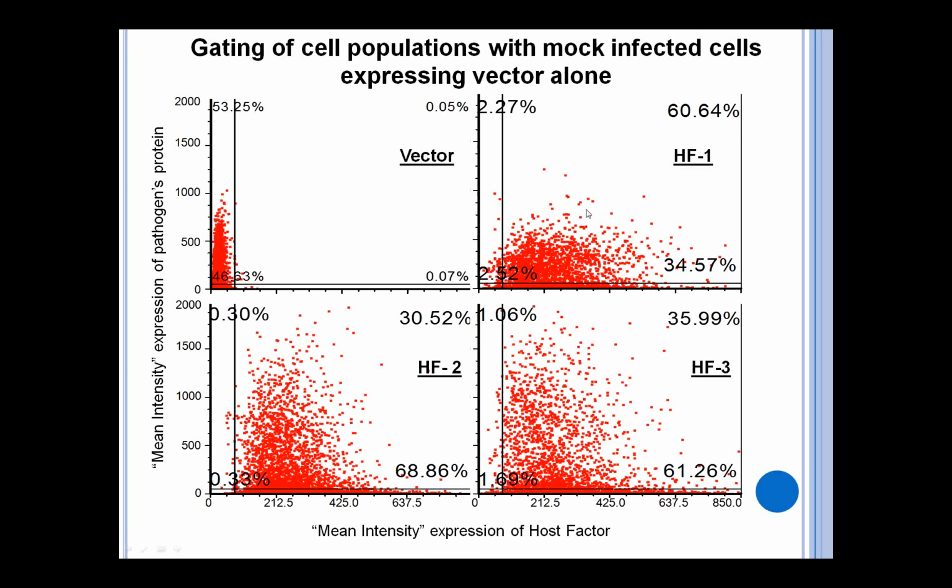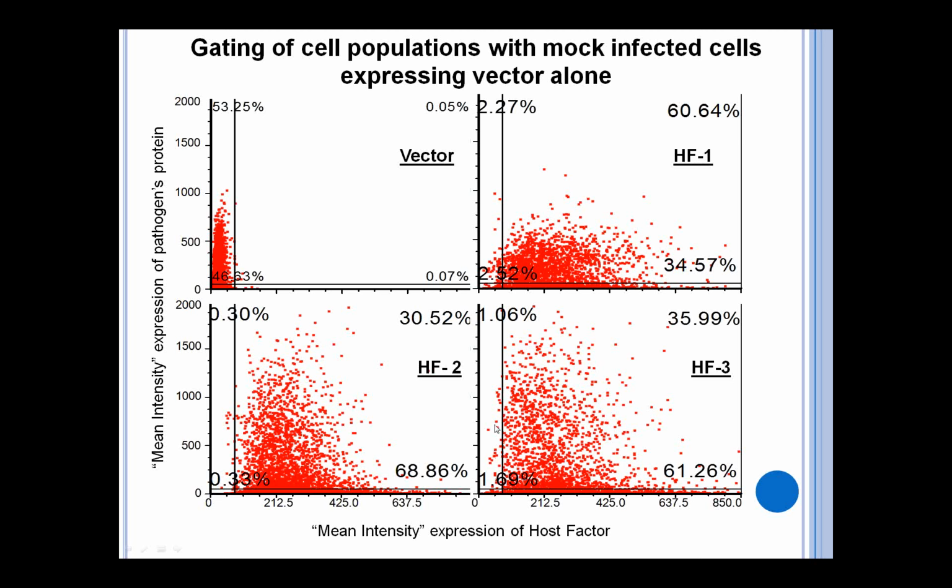In the top right corner, you see the cells which are expressing HF1. There is no restriction on infectivity of the pathogen. We see around 63% of the cells infected in the cells expressing HF1.